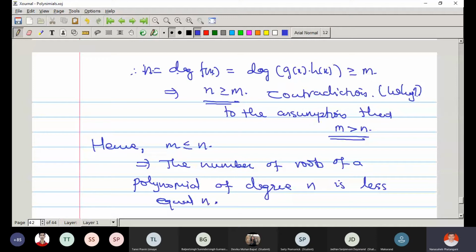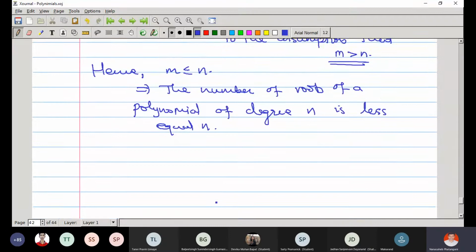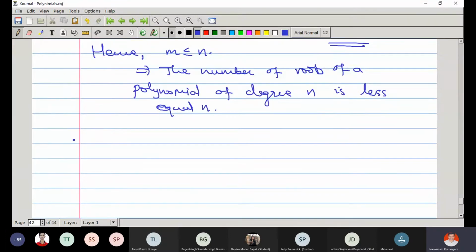Now, one of the important properties of roots is when the root is a complex number. For example, look at f(x) equal to x squared plus x plus 1. What are the roots of this polynomial?